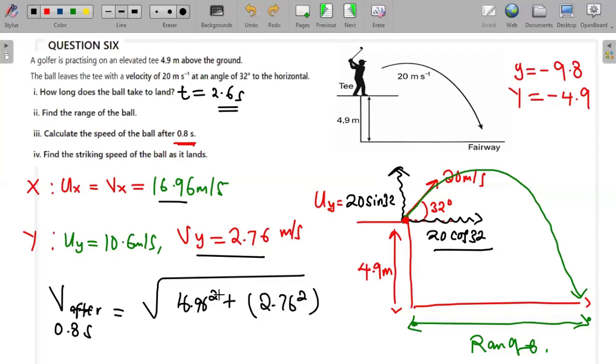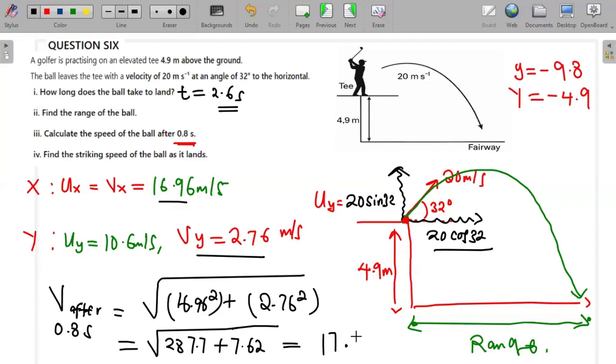Then I punch this into the calculator. When I square this, it gives me 287.7, plus when I square this, I get 7.62. So counter check with your calculator. Then when I add them and get the square root, I find that the speed of the ball after 0.8 second will be 17.2 meters per second. Okay, so any questions there?